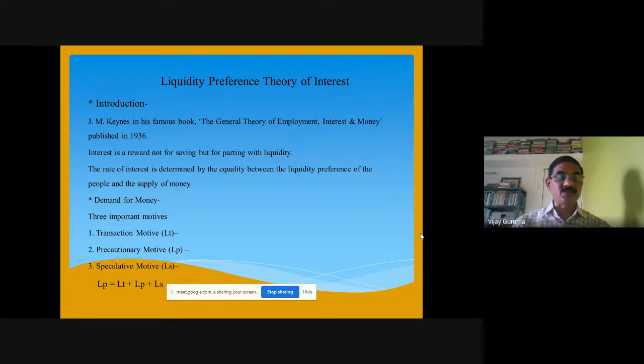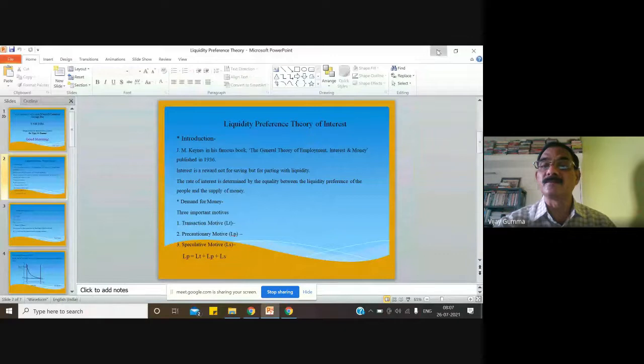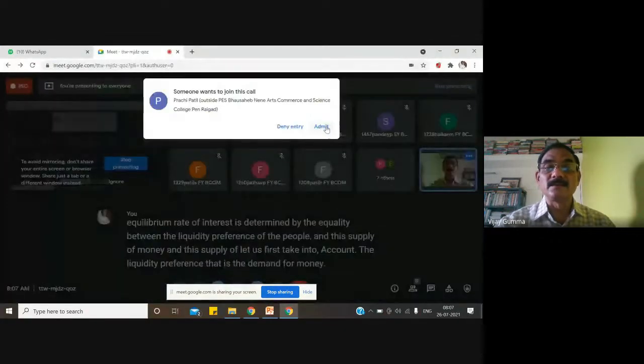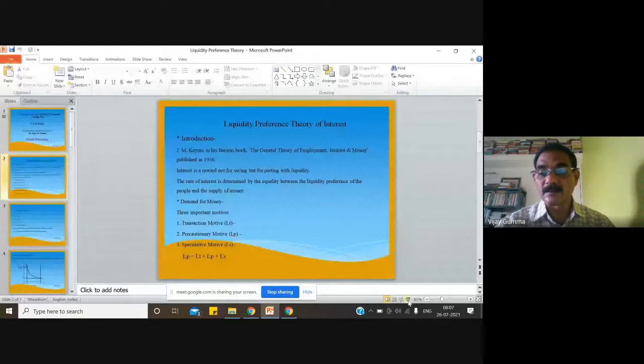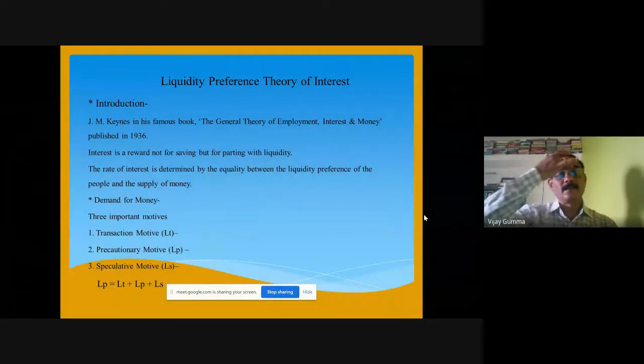Let us first take into account the liquidity preference, that is, the demand for money.